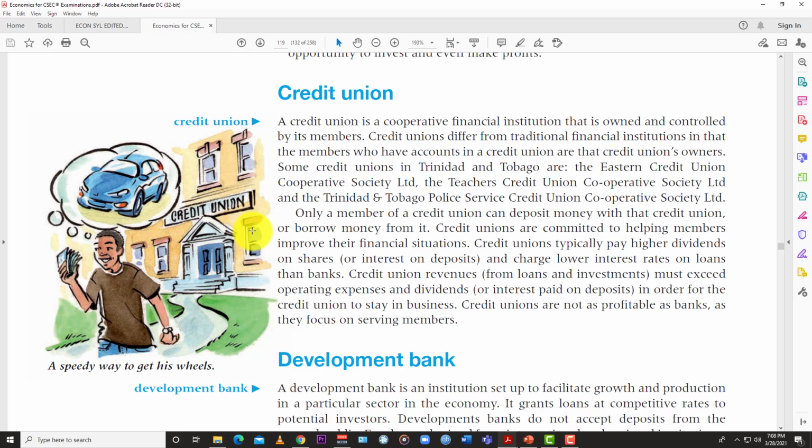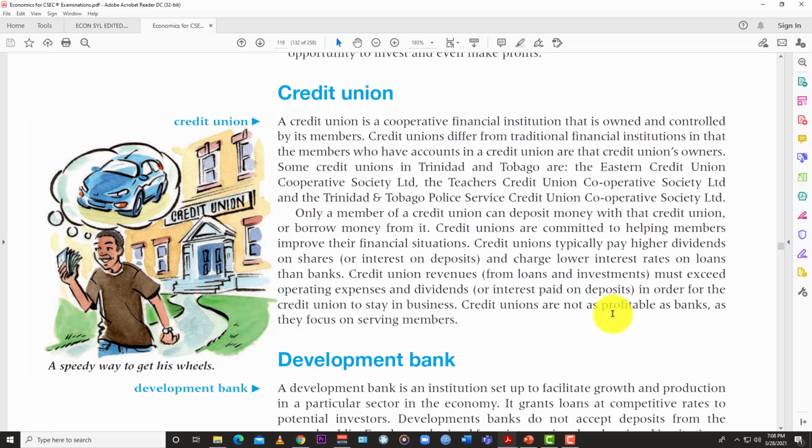So you should always look at credit unions as one of the better options. If you want a student loan or a mortgage, you should consider a credit union because more times than not, they have better rates than commercial banks.